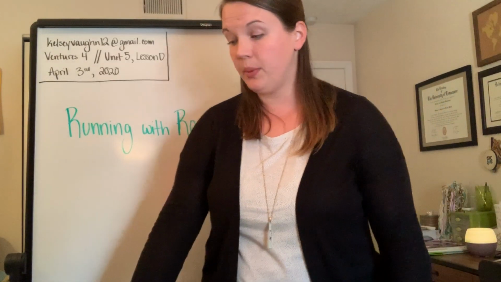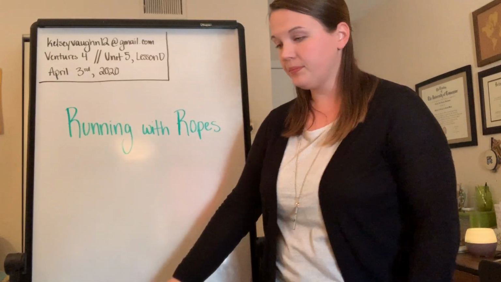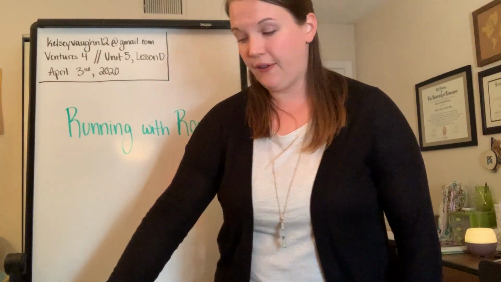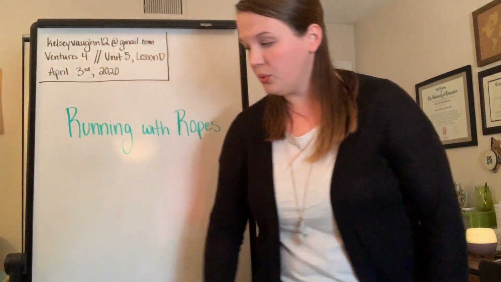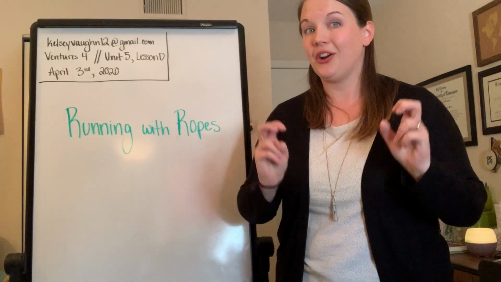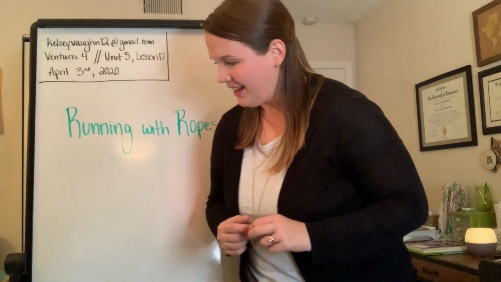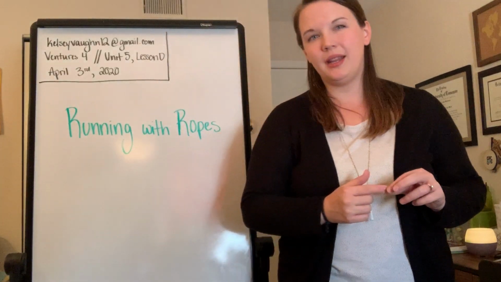So go ahead and open your book to page 64. We are in Unit 5, Lesson D. You will see there what is supposed to be a newspaper article, and what is the title?